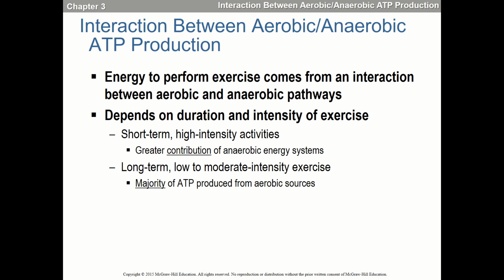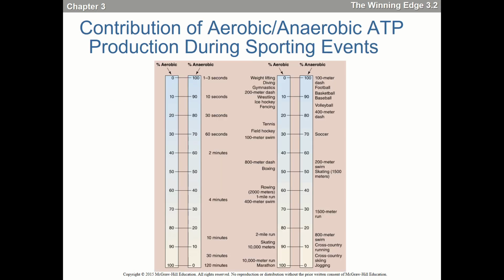For long-term, low to moderate intensity, almost all of the energy production is actually coming from aerobic sources. And this here more or less shows the interplay between them. So our anaerobic sources of energy, creatine phosphate, hopefully everyone knows that, right? The myokinase reaction, that's another one.